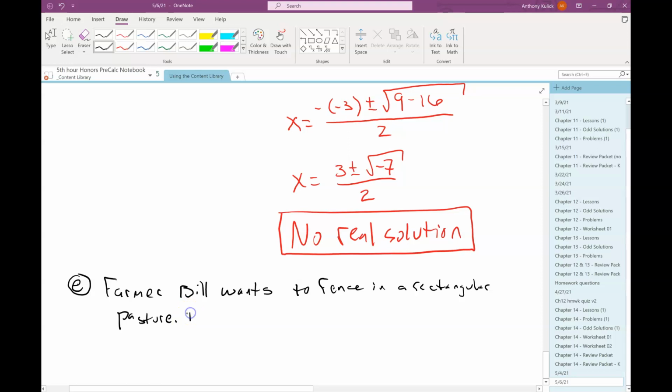The pasture must measure 500 square feet. What is the least amount of fencing he needs?